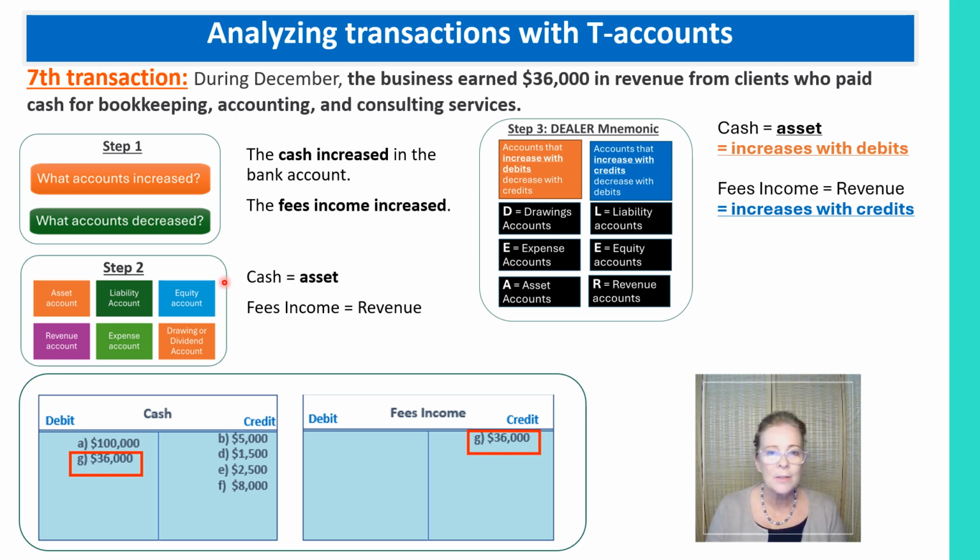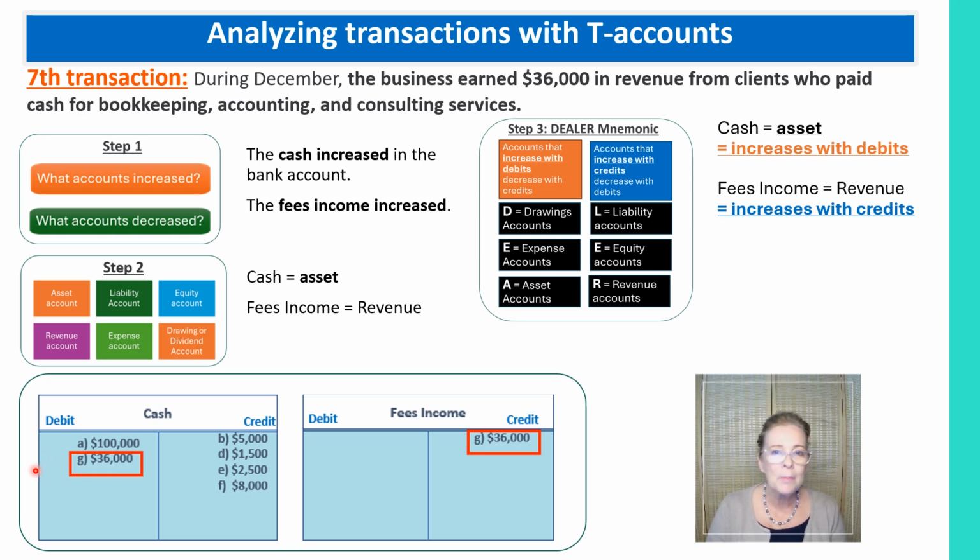How do we write this transaction using the T accounts? We find the T account for cash and write the transaction ID of G and the amount of $36,000 into the debit column of the cash account because we determined in step 3 that we would debit cash. The amount for the revenue account fees income increased as well.